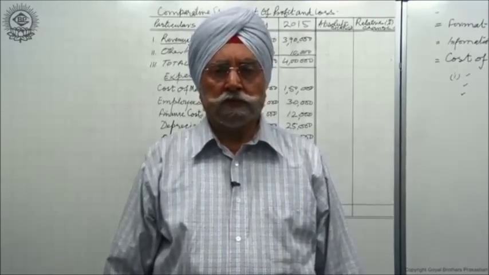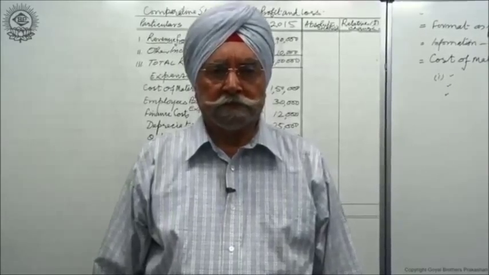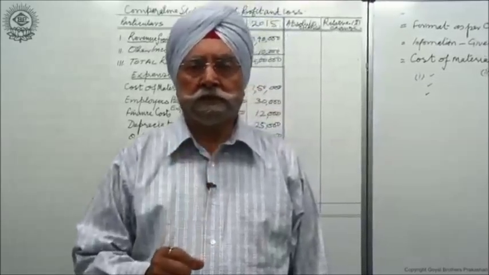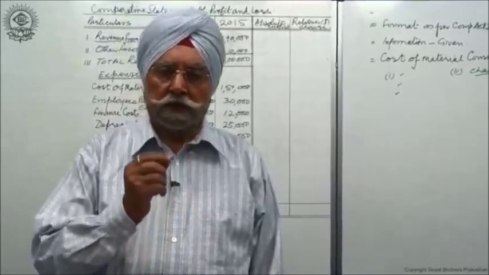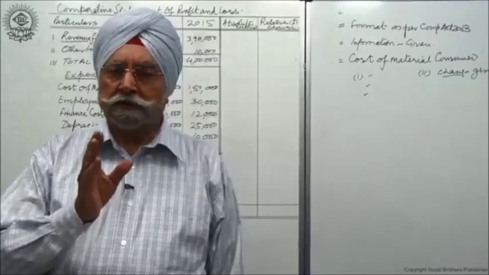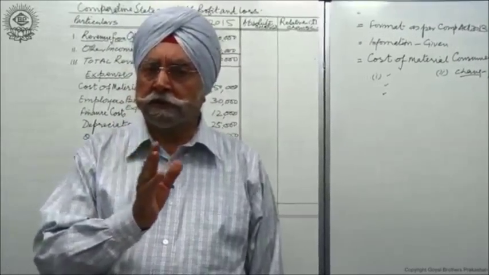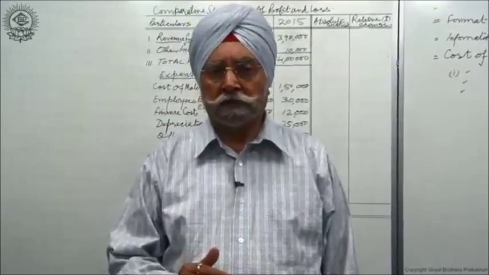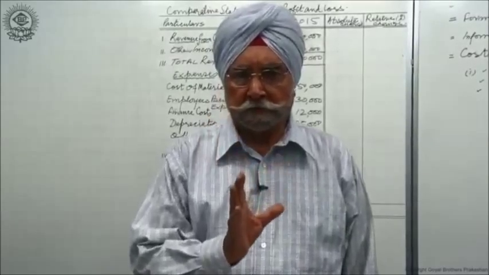We will compare the two figures of 2014 and 2015 and find out what is the change. It may be a positive change, it may be a negative change. Once we have identified the change, we will write whether it is a positive, plus change, or if it is negative, the negative change. All items in the statement of profit and loss account will be viewed in this perspective.